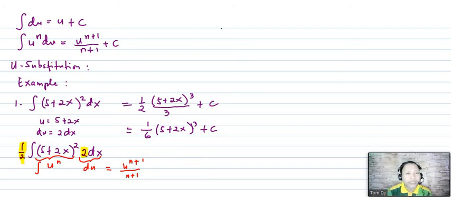Okay, another equation. We have an example using u-substitution. Okay. So, let's say the integral of (3 minus 4y) raised to 5 all over 4 dy.